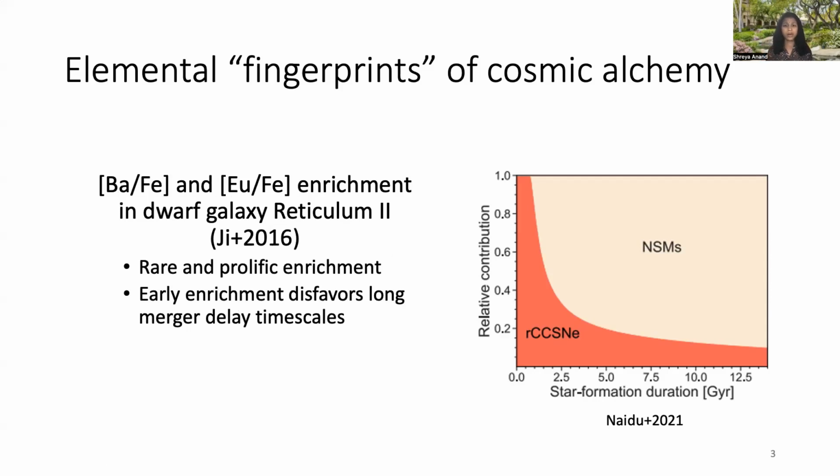On the other hand, a core collapse supernova could produce these r-process elements, tracking star formation relatively closely. And so Naidu et al. 2021 suggests that perhaps a rare core collapse supernova subtype could be contributing significantly to the r-process production, with these core collapse supernovae dominating at early times and neutron star mergers dominating at late times.